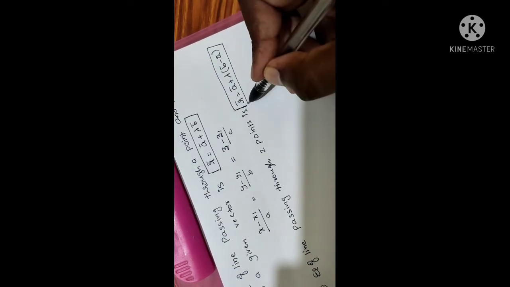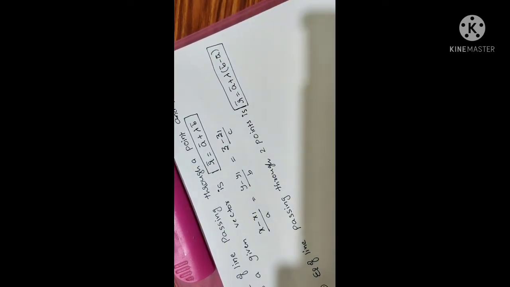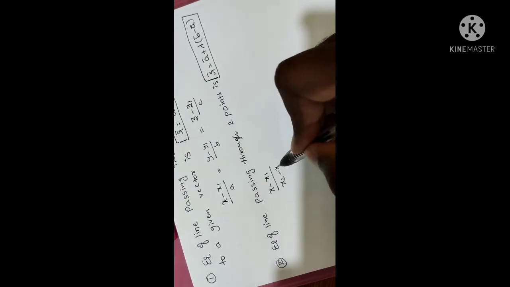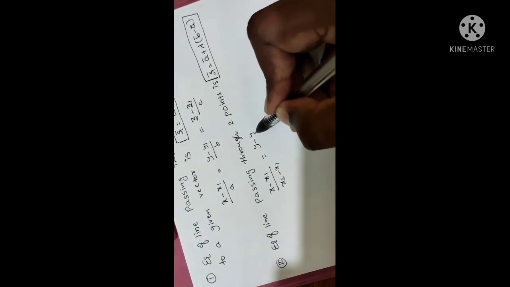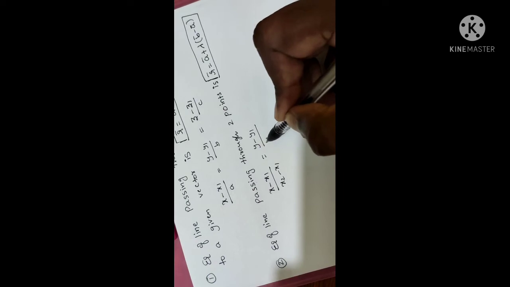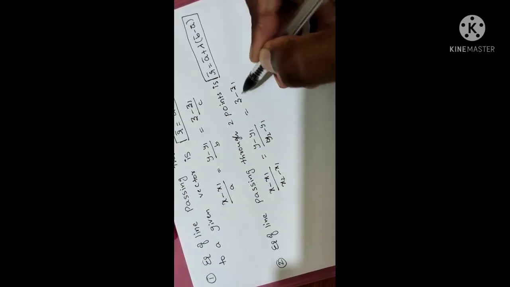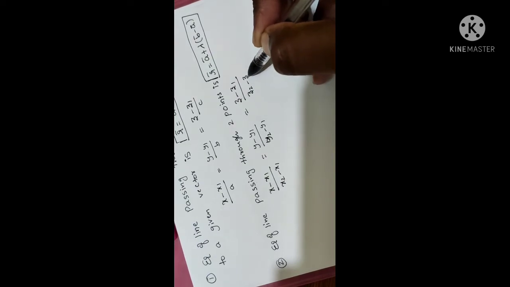This is the formula for equation of line passing through two points in vector form. What about Cartesian form? x minus x1 by x2 minus x1, y minus y1 by y2 minus y1, z minus z1 by z2 minus z1. This is the formula in Cartesian form.